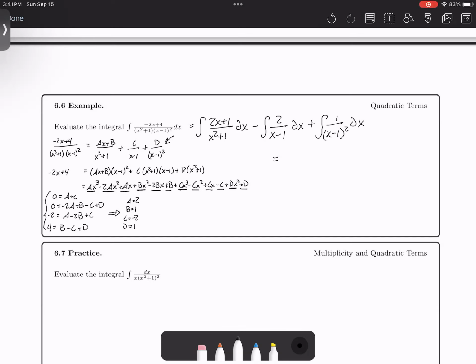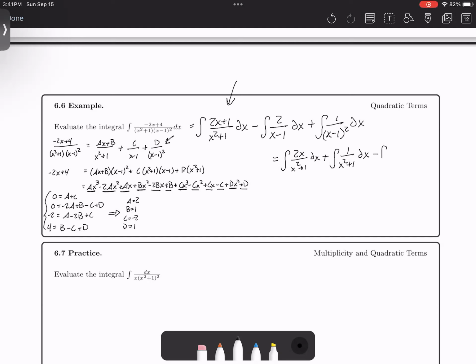So our first integral is a u substitution. Actually, hold on, before we even do that, I need to break this first integral up as the integral of 2x over x squared plus 1, and then plus the integral of 1 over x squared plus 1.